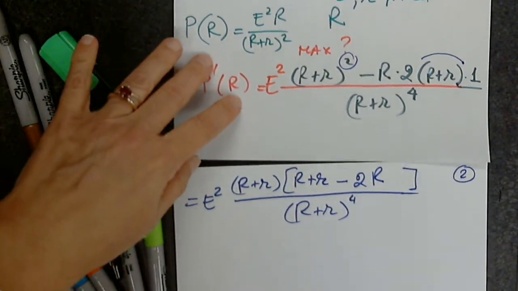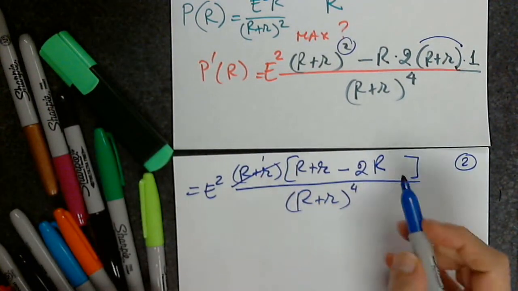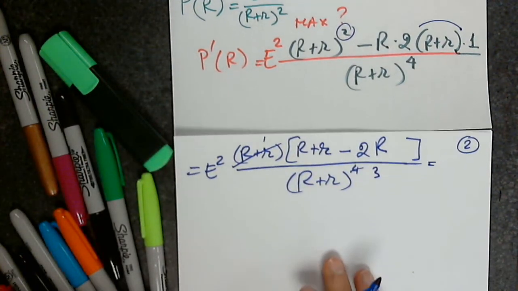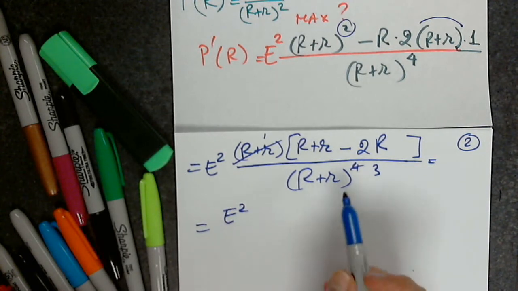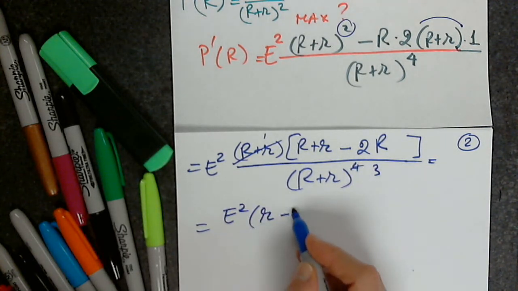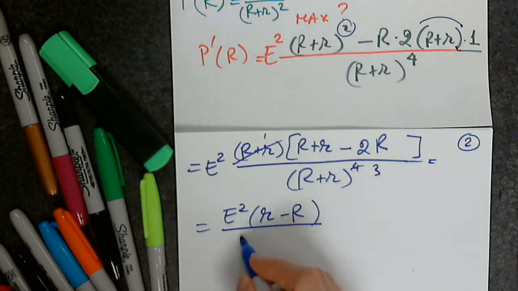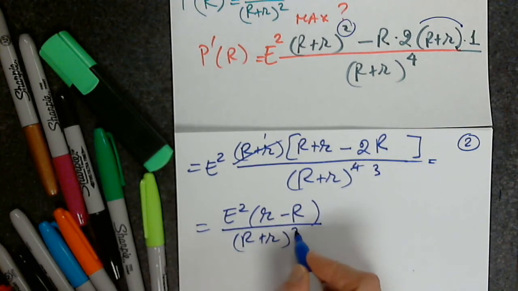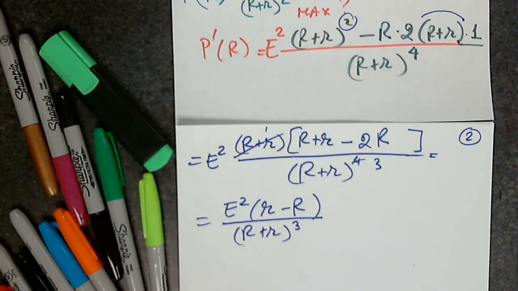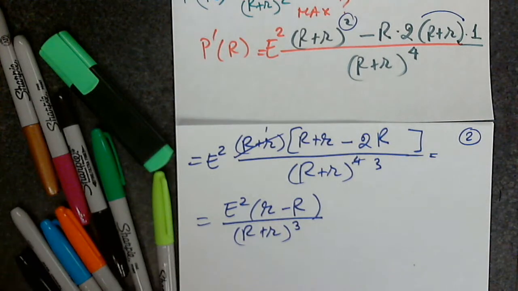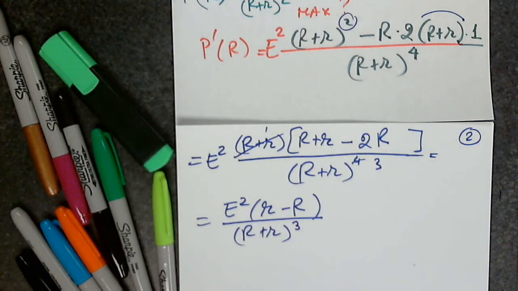Of course I will get rid of one r plus R. And then I have E squared, and this is little r minus uppercase R over (r plus R) to the 3rd. Do we agree with this step? Yes? Okay, very good. So I'm done with the first derivative.